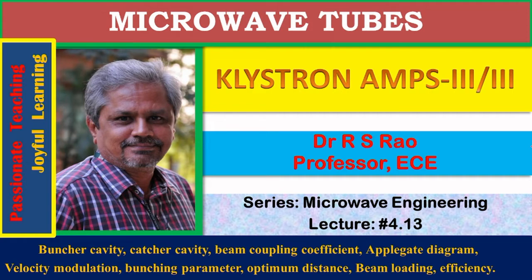Gain is an important parameter for any amplifier circuit, including Klystron amplifiers. In addition to voltage gain, in the present session, we discuss mutual conductance, equivalent circuit, beam loading, tuning mechanisms, etc.